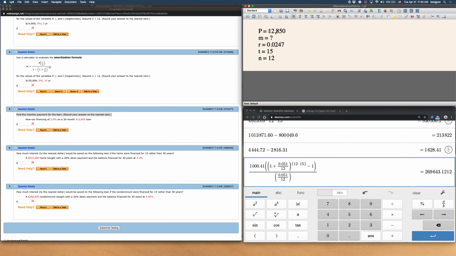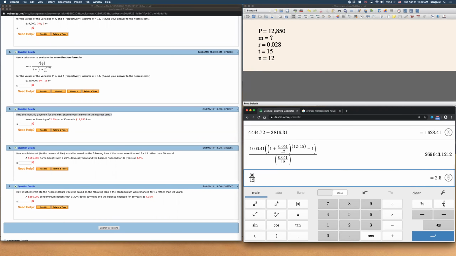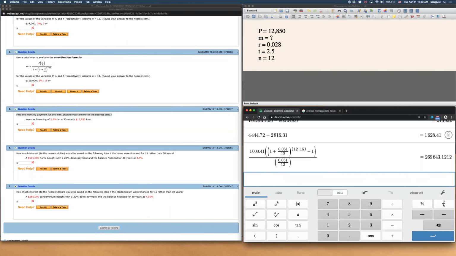The rate is 2.8%, so 0.028. Time is 30 months, and 30 months divided by 12 months in a year is 2.5 years. So T is 2.5, and N is 12. So instead of 30, it's 2.5, because T is always in years.